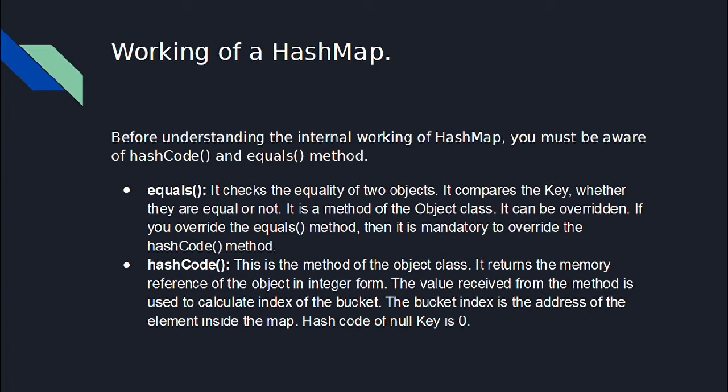That brings us to hash code. What exactly is a hash code? Hash code again is a method of object class. It returns us the hash code of the object we pass it. It's a numeric representation of that object. The value received from this function for the key object is used to find the index of the bucket inside our associative array where that particular key value pair must be stored.